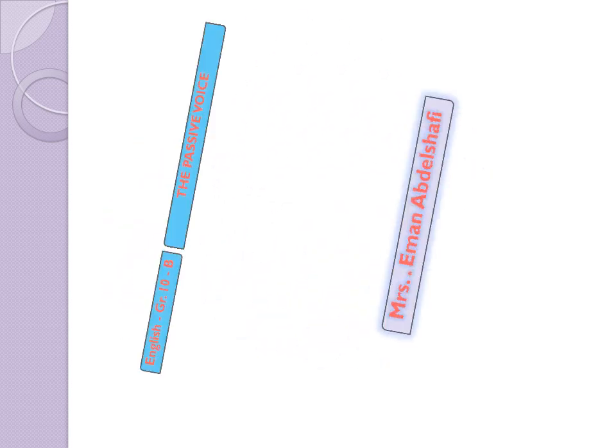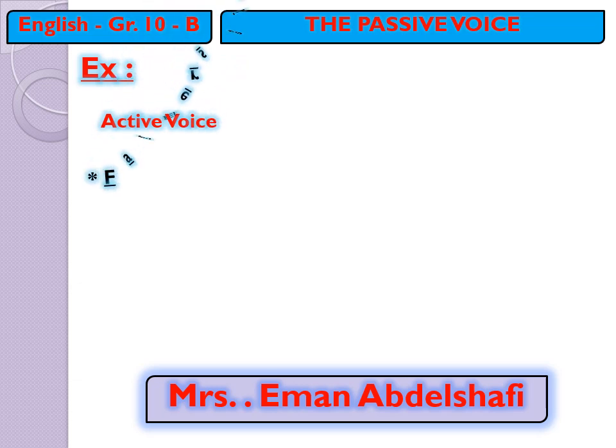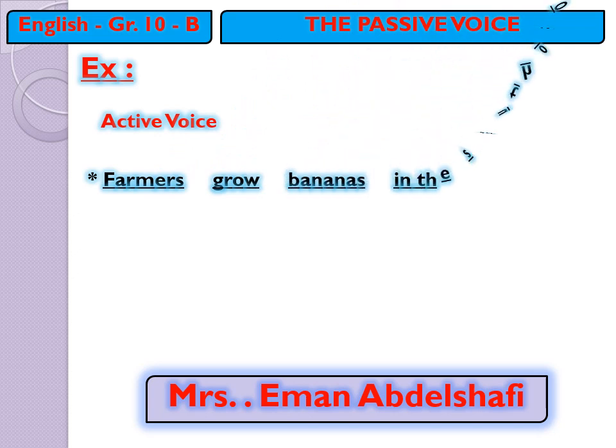Now, let's apply these steps on the following example. Active voice: farmers grow bananas in the south of Oman.